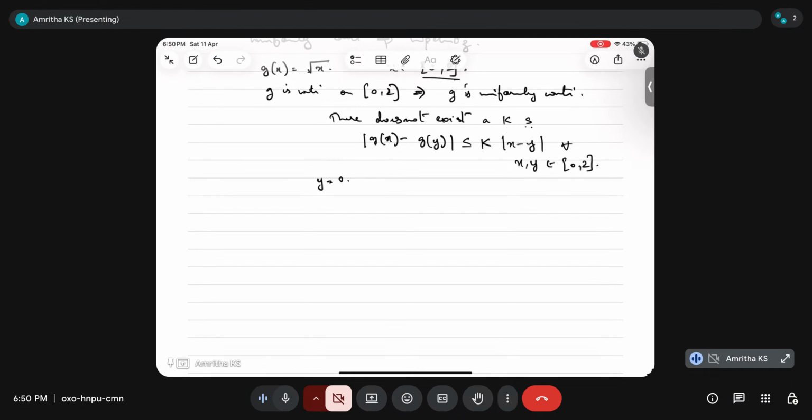Then g of x is just root of x. We need this to be less than or equal to k times mod x. Is this true for some k?